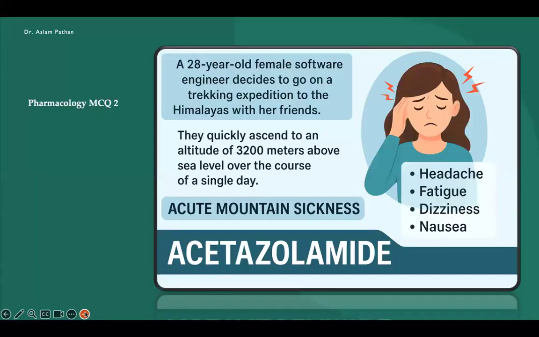So in acute mountain sickness, the drug of choice is acetazolamide. And if the patient has severe mountain sickness and intolerance to acetazolamide, the second drug you can give is dexamethasone, a steroid.